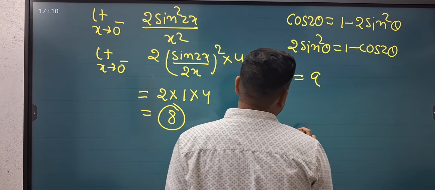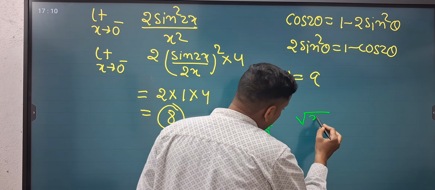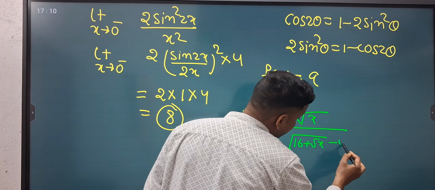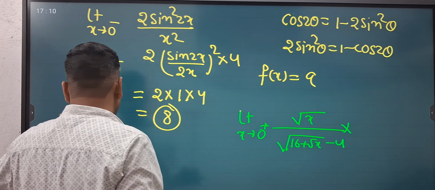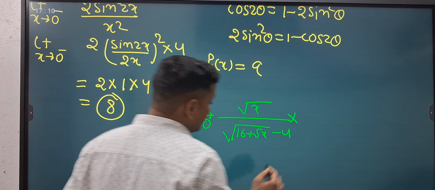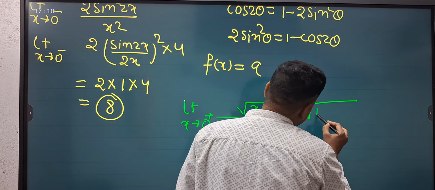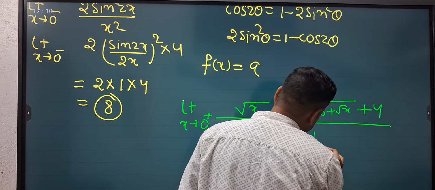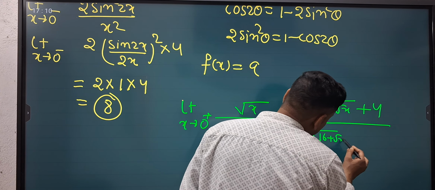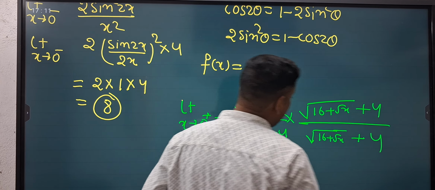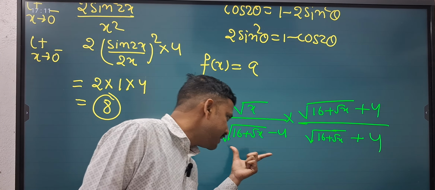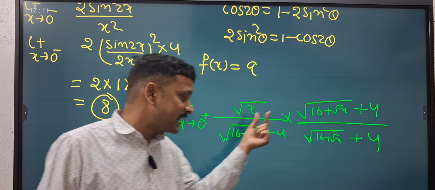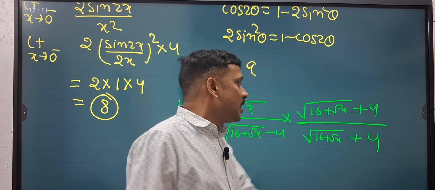So what is this? This is root x by (root of 16 plus root x minus 4). By conjugate, I have to multiply and divide, so I can write (root of 16 plus root x plus 4) divided by (root of 16 plus root x plus 4). Why did I write plus 4? Because in the denominator, if the sign is minus, you have to change it to plus, and if the sign is plus, you have to change it to minus.